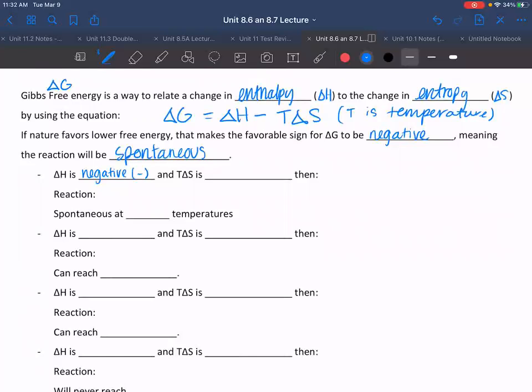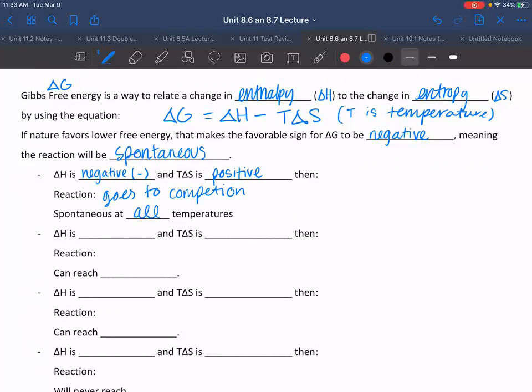That's favored. We want exothermic processes. Then we're going to treat this T delta S kind of as one term. If that is positive, likely that means an increase of entropy. So both of these things are favored. Our reaction goes to completion, and it is spontaneous at all temperatures.